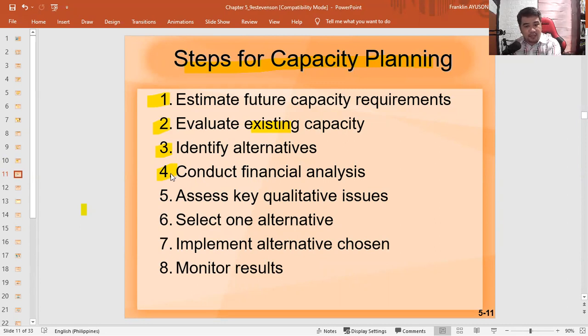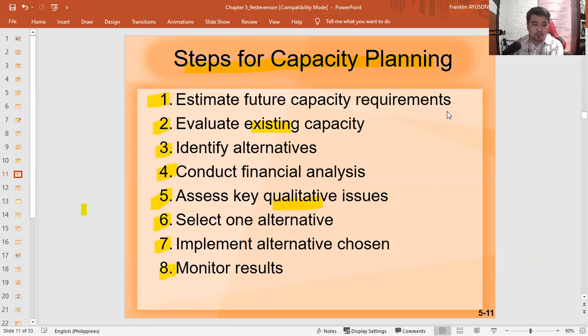So financial analysis is important. Assess some qualitative issues. We also need to define the level of quality that we need to produce. Then select one of the alternatives, implement the alternative chosen, and monitor our result.